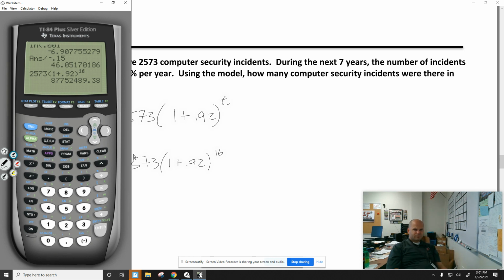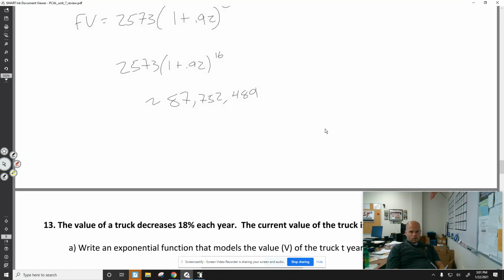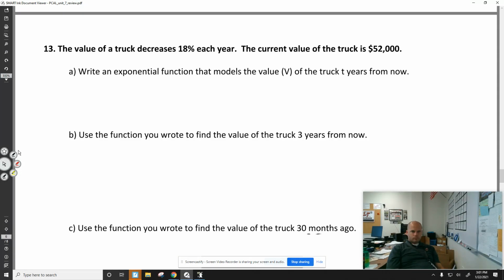Wow. 87.752 million. All right. Value of a truck starts at 52,000.